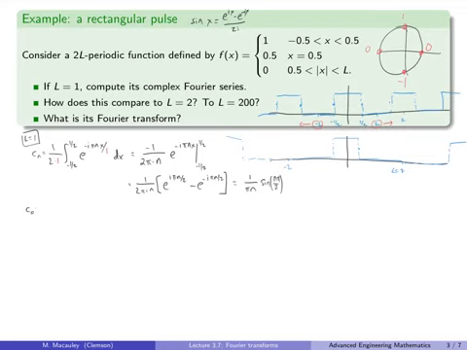So C naught, first of all, that's 1/2 because that's the average value. And then Cn is, well, let's write down the first 4. So for each of these, we're going to have a pi n on the bottom. So I'm going to do the denominators first.